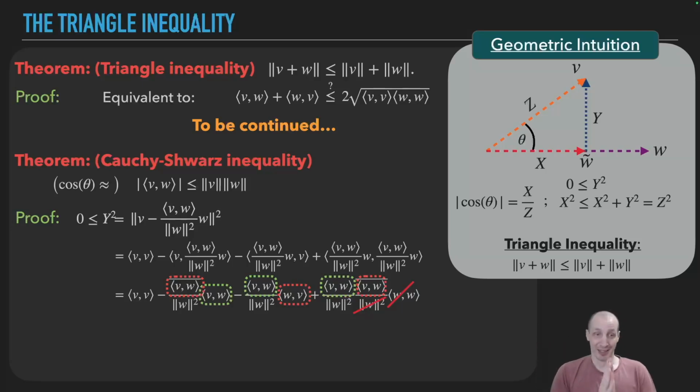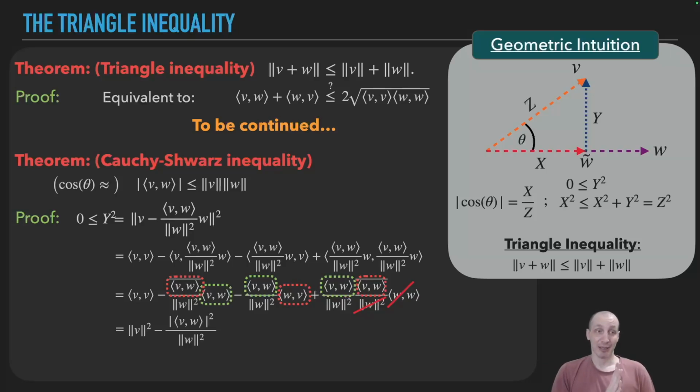Okay, so now that we did all the simplification, you should notice that basically we have the same expression one after the other. We have 2 times with a minus sign and 1 times with a plus sign. So all in all, we just have the norm of V squared minus the absolute value of the product of V by W squared divided by the norm of W squared.